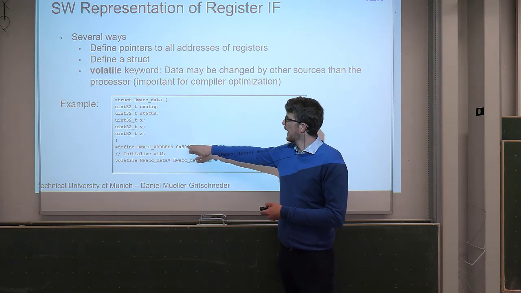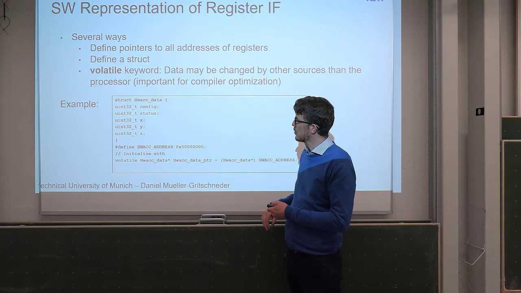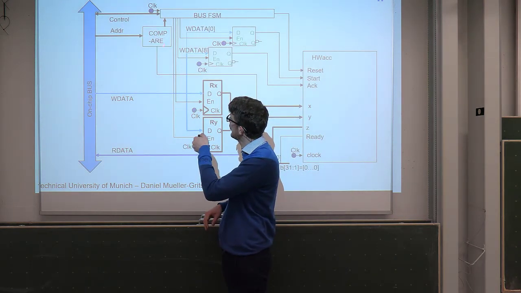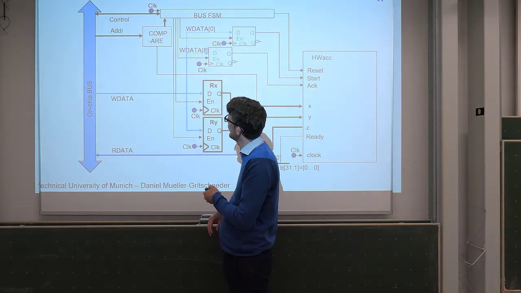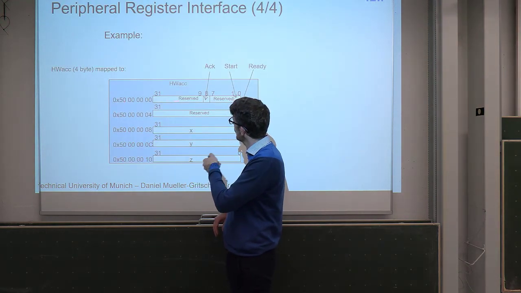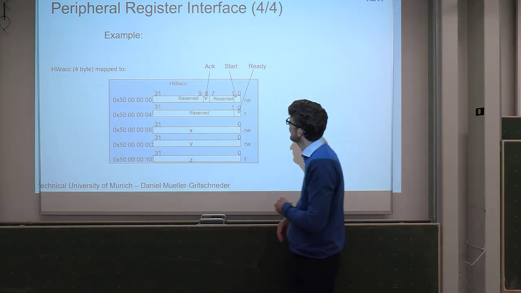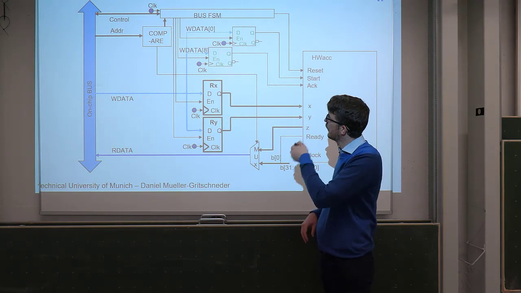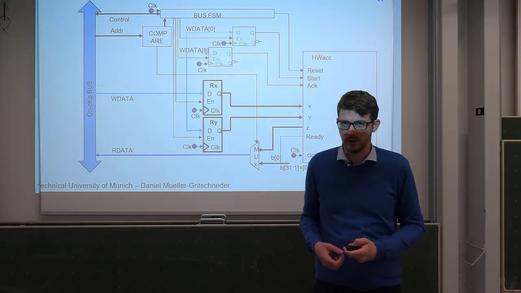If you make a write to this pointer, then this write would reside at the address of 50 million. For 50 million, it knows that you want to make an access on this register, which was your configuration register, and therefore it knows that it has to put this into these two flip-flops where your configuration is.